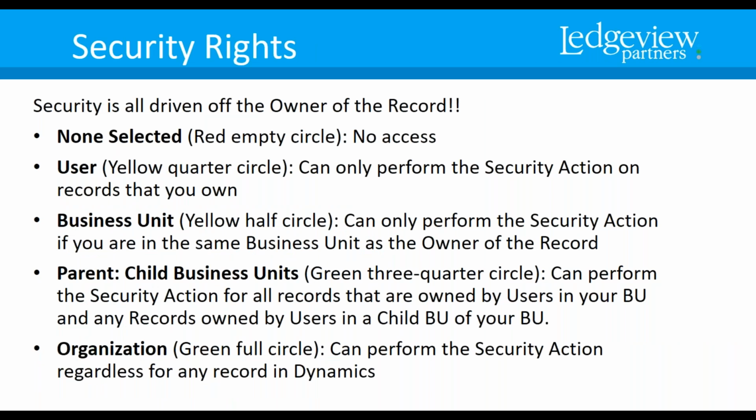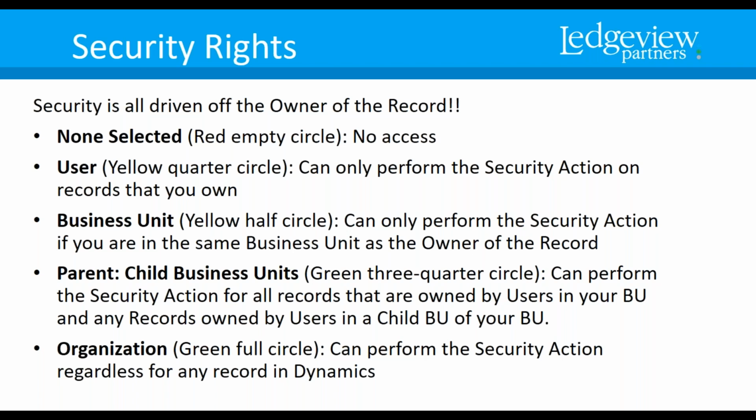So security rights. You heard me say user access, so let me explain what those security rights mean. Security is driven off the owner of the record. Every record in CRM has an owner. I say that in quotations because there are certain records that are organization owned, meaning there's not actually a user that owns them.